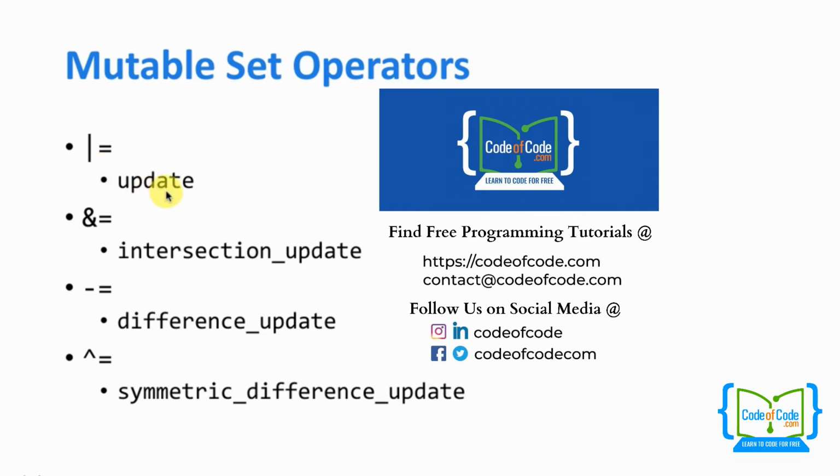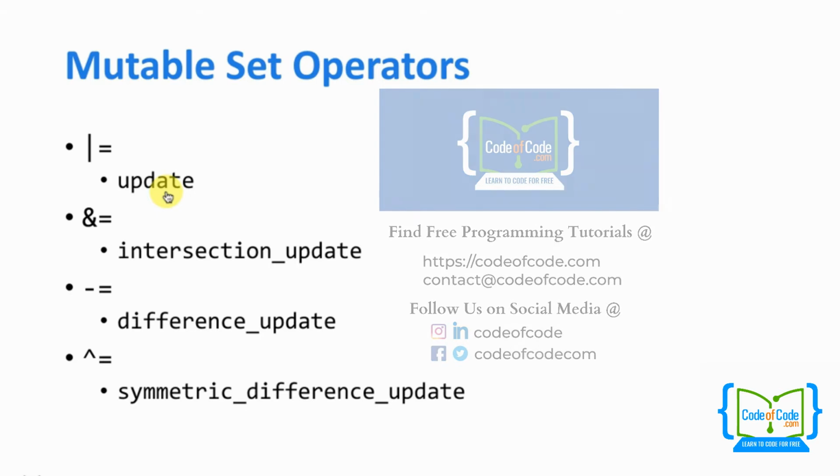And in the method cases, each of these methods not only can receive a set as an argument, but can receive any sequence of arguments and turn that into a set and then apply the operation. So that's some of the operations we're going to look at in this video. We'll also look at various methods for adding and removing elements in sets.